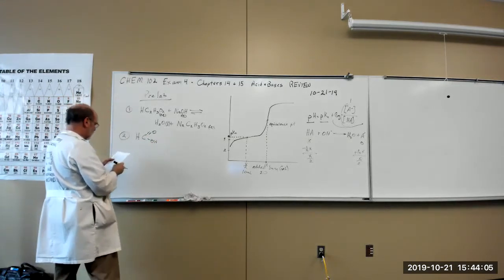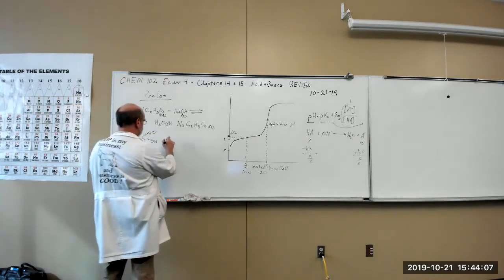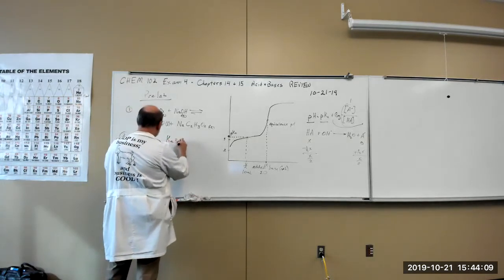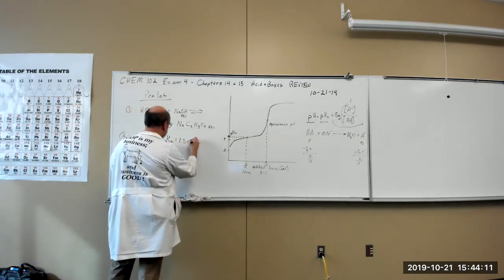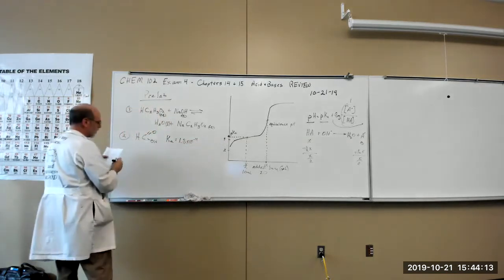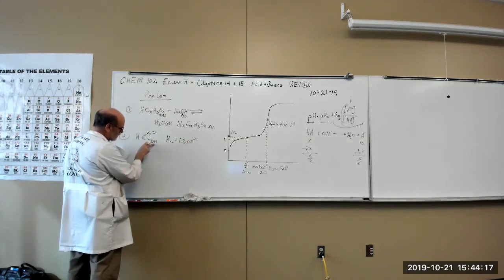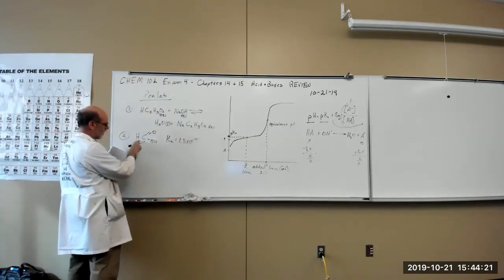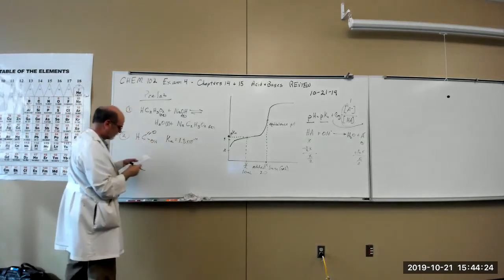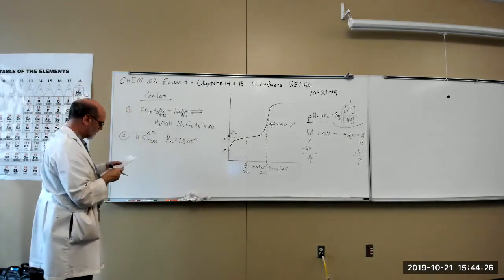Now, you don't even know that to answer the question. The Ka is 1.8 times 10 to the minus 4 for formic acid. So actually, this is the proton that is released from formic acid right here. Not that one, this one. Just a point of information.